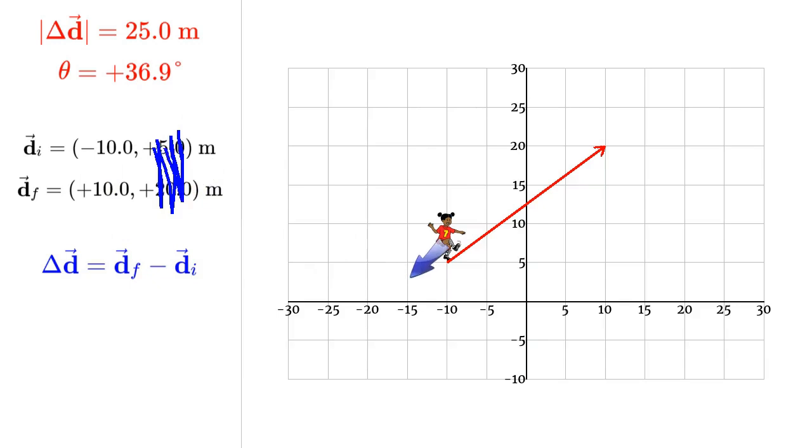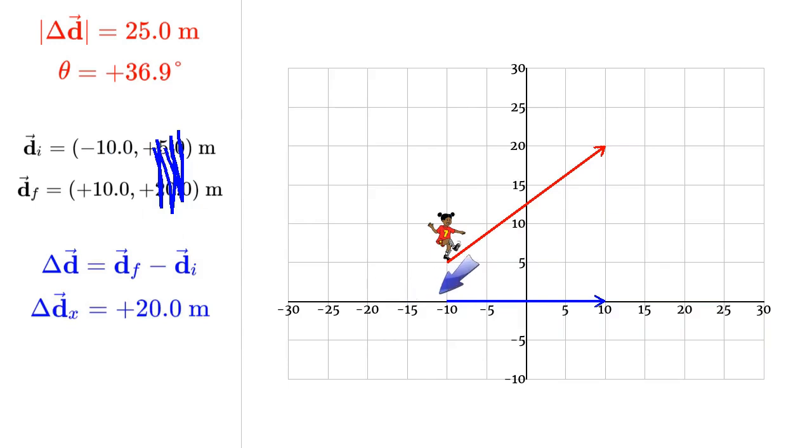So suppose she's running along the x-axis. She's got an initial position of negative 10 and a final position of positive 10. We can illustrate that with an arrow, as you can see here on the diagram. And now we can use the formula, which says take her final position, which is positive 10, subtract her initial position, which is negative 10. If we subtract that, we get her displacement, which is positive 20.